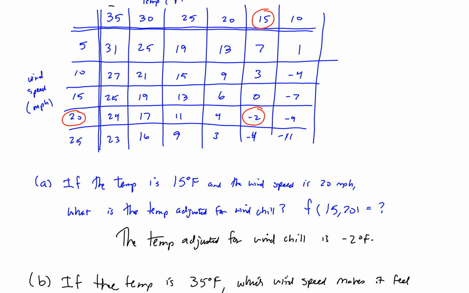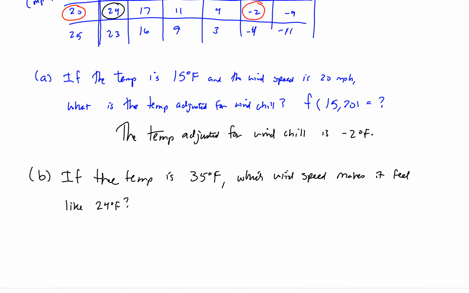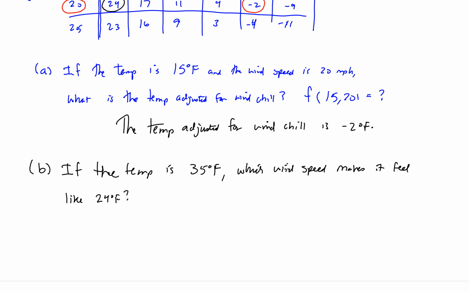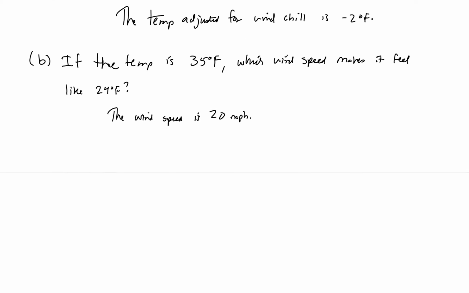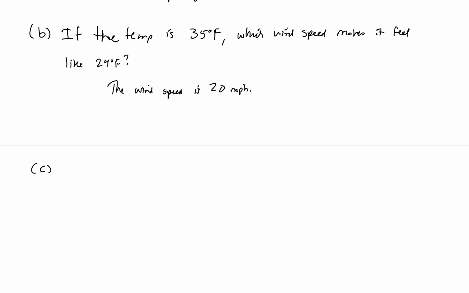Well, we go up here to our temperature is 35, and we go down and we see here is 24, so we want the wind speed to be 20 miles per hour. Let's try one more for this example.